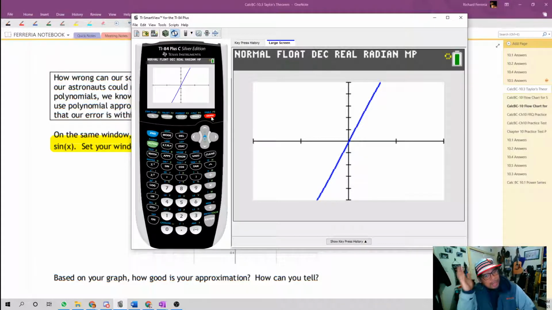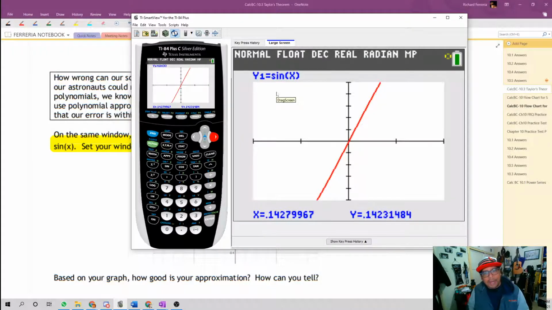And then here's the first two terms of the Taylor polynomial. Did you notice anything? Did you notice that they're exactly the same or close to exactly the same? If I push trace up over in the corner, this tells me I'm at sine x. And if I move over to the right, I see that the y coordinate, the sine of 0.237, is 0.2357.